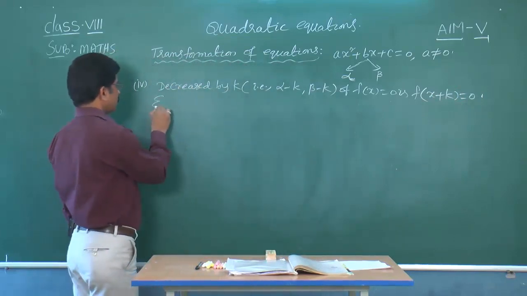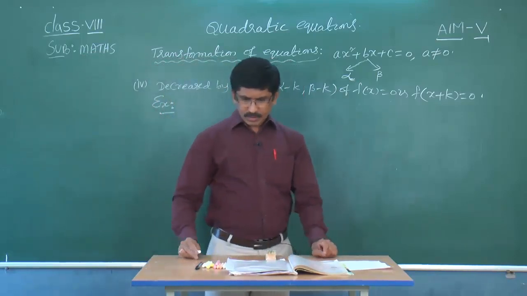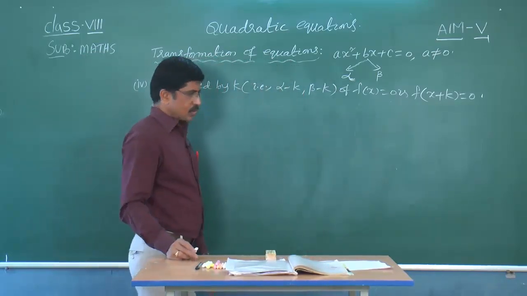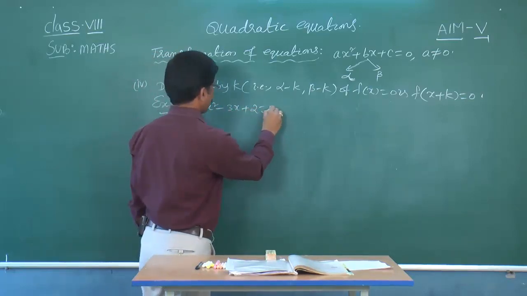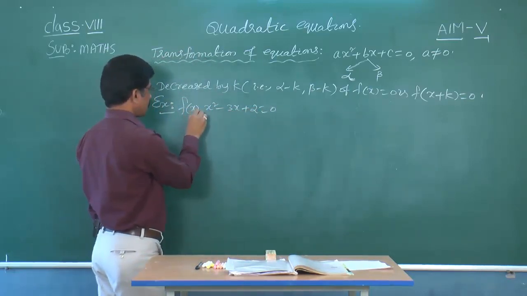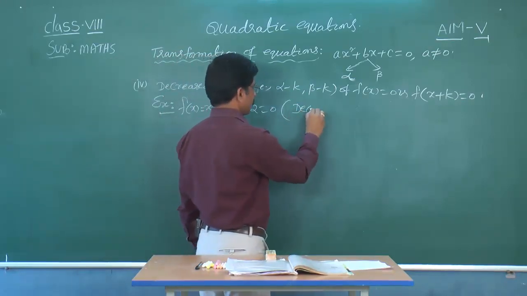Take one example. x square minus 3x plus 2. This is f of x.